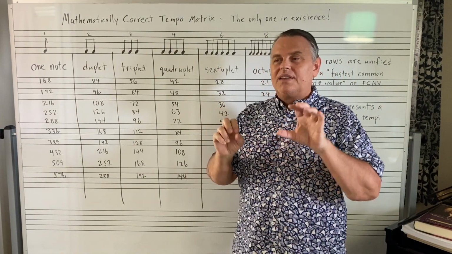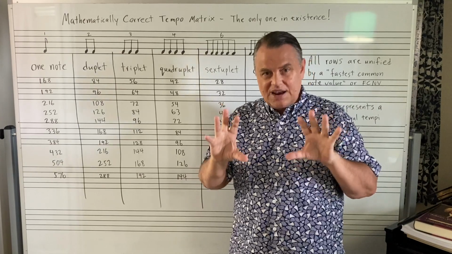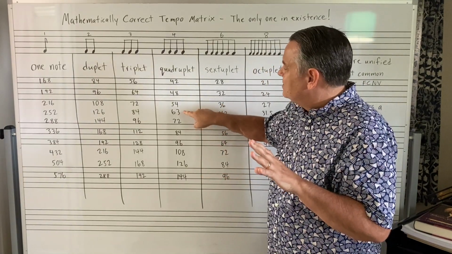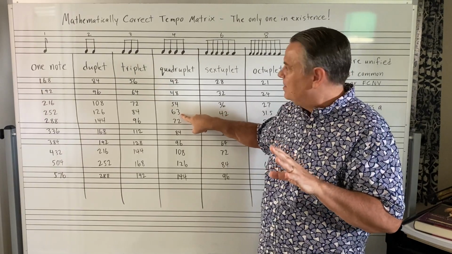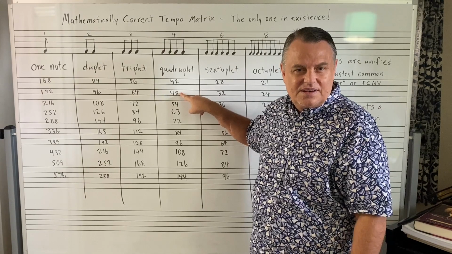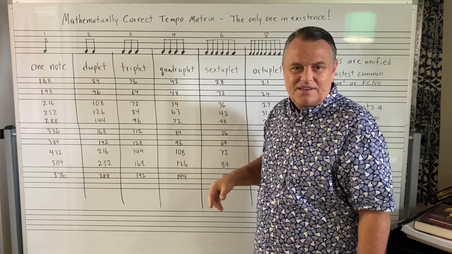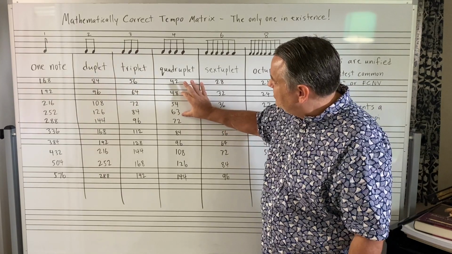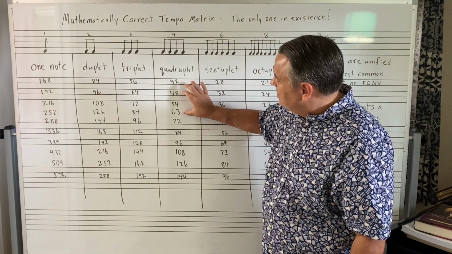If Bach planned that prelude and fugue to have the same duration, and if we choose this for the prelude, then the fugue has to be this speed, or vice versa, if you do the fugue first and then figure out the prelude. So you're really limited with these.